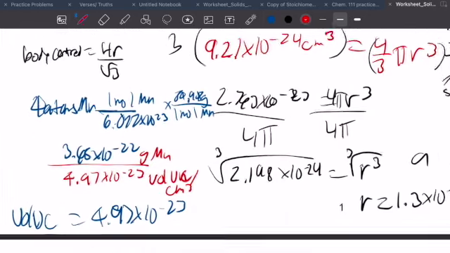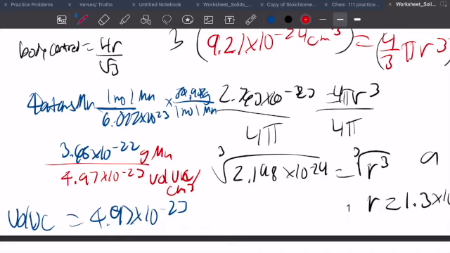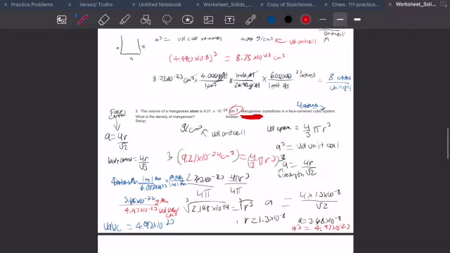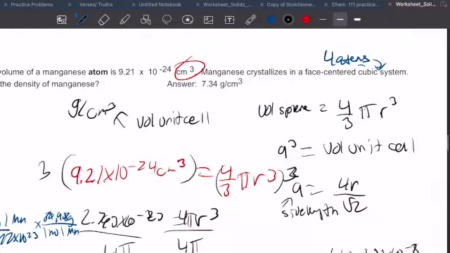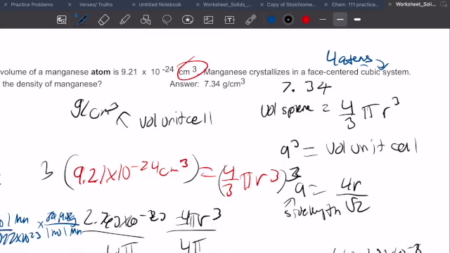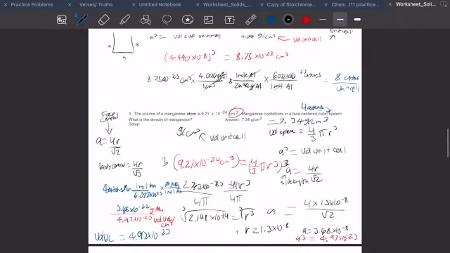So I'm simply going to plug this into my calculator, and I'm going to get 7.34 grams per centimeter cubed, which is the answer that we're given here. So we did it correctly.